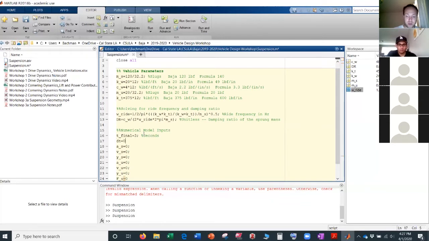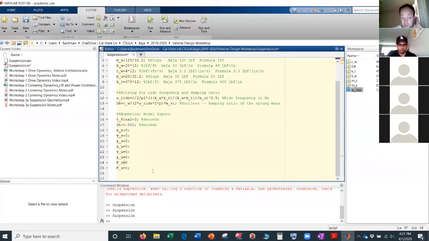Our dt will be a millisecond. Right, so we're going to numerically analyze this, so we need to break this up. We're going to step through time. I'll make a time vector anyway. So t is equal to the vector 0 stepping by dt to t final.